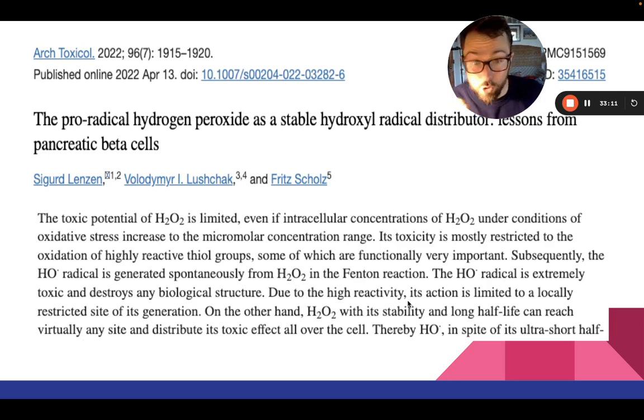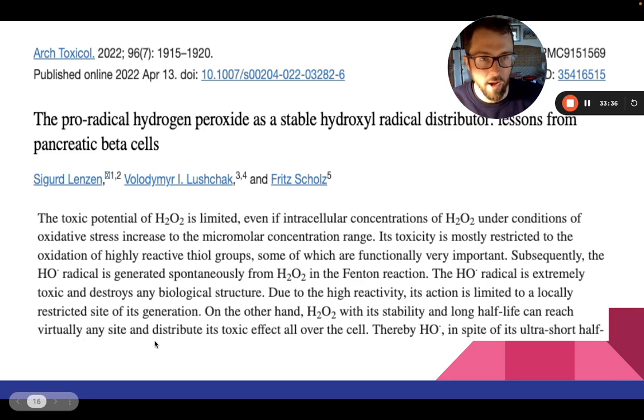So due to the high reactivity of hydrogen peroxide with iron, H2O2 can serve as a super spreader. See here with the hydroxyl radical, due to the high reactivity, its action is limited to a locally restricted site of its generation. Wherever the hydroxyl radical gets created, that's where the damage occurs. It's not traveling anywhere in the cell.